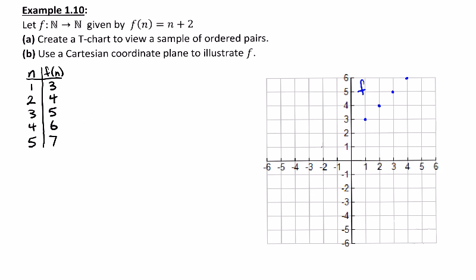In example 1.10, instead of looking at an arrow map, we're going to have to look at a T-chart. So from the T-chart, we can see that 1 maps to 3, 2 maps to 4, 3 maps to 5, 4 to 6, 5 to 7, but I'll put a little dot dot dot here because that's not the end of the mapping. It continues on, but there's definitely a pattern here.